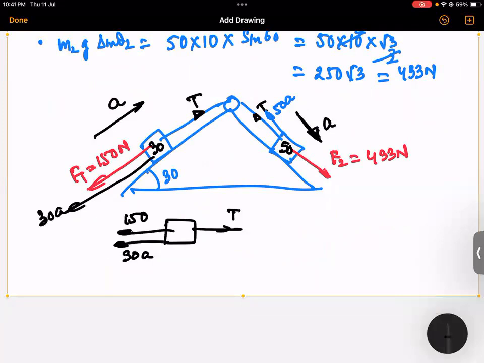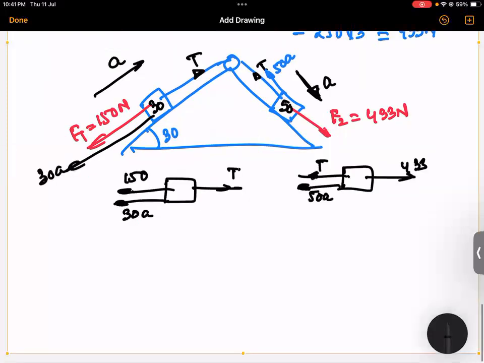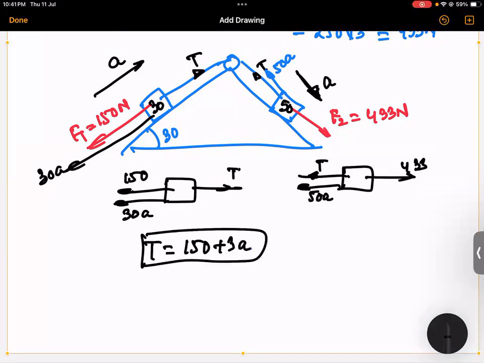And for this body, this is your 433. So you can see this is your tension and this is your 50a. So what you are getting now, you can easily solve the equation. Tension T equal to 150 plus 30a. This is your first equation. Tension T plus 50a is equal to 433.